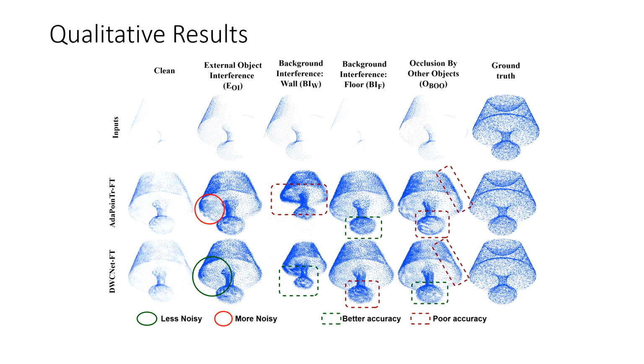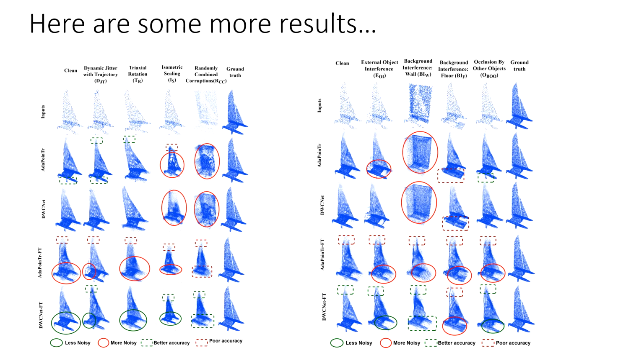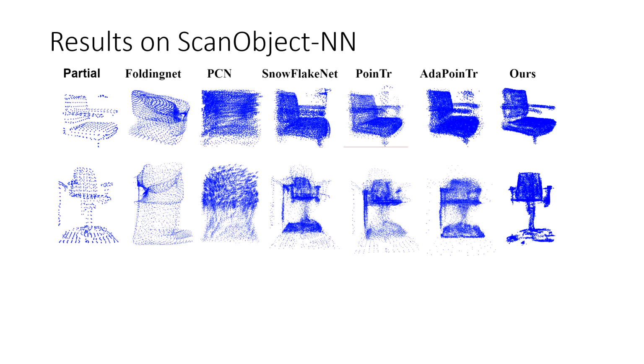Here are more qualitative results that show us that DWCNet does better than AdaPoinTr. We tested DWCNet and the other algorithms on real-world data, tables and chairs from the ScanObjectNN dataset, and we found that DWCNet performs better than the rest of the algorithms.